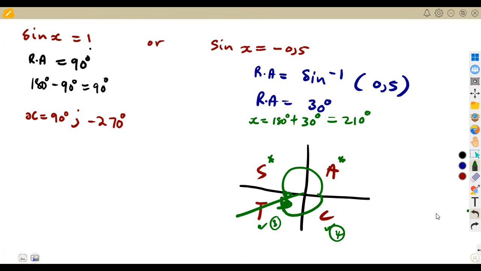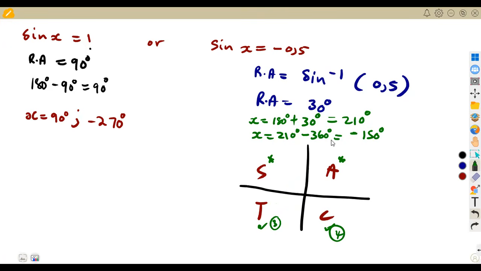What about the negative angle, the one that we take in this direction? We are going to subtract 210 minus 360. So x can also be equal to 210 degrees minus 360 degrees, which gives us negative 150 degrees.